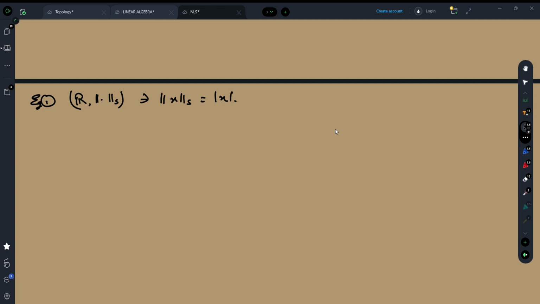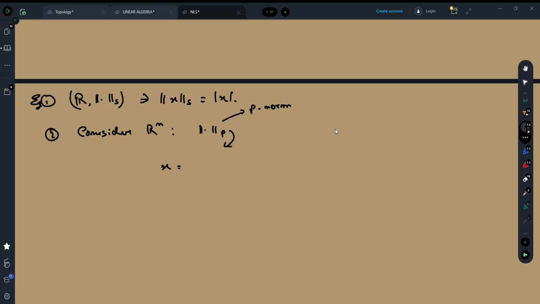Let us check one more thing. Number two, consider Rn. Over Rn we can define a number of norms. We usually call them the P norm, and the P norm is defined in this way.